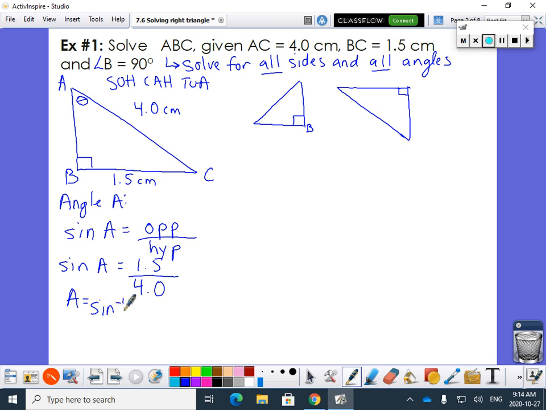Sine to the -1. Now, you could have put this into a decimal first if you wanted to. It doesn't matter. If you like to do that first, by all means, you don't have to. So I'm just going to put 1.5 over 4.0. And if you guys were to punch that into your calculator, you would have gotten 22.0 degrees.